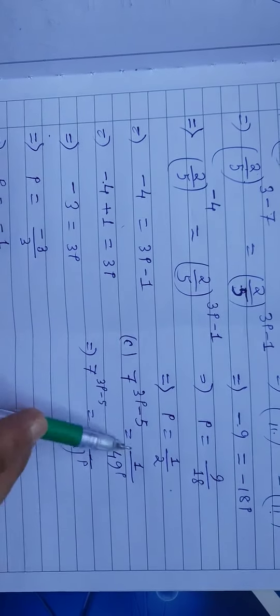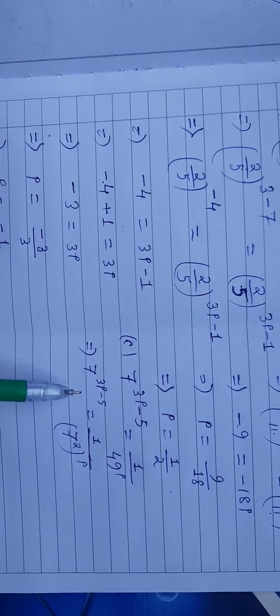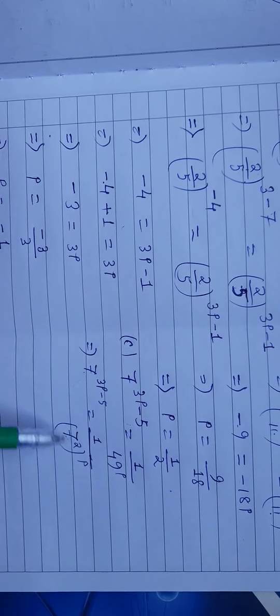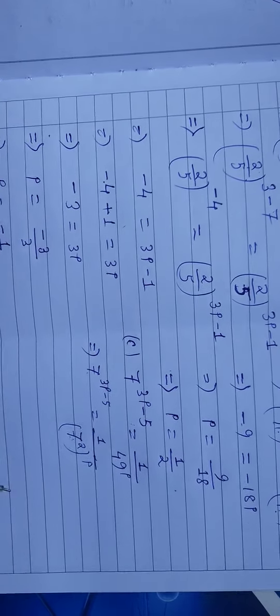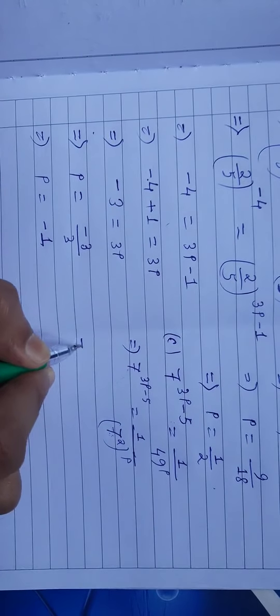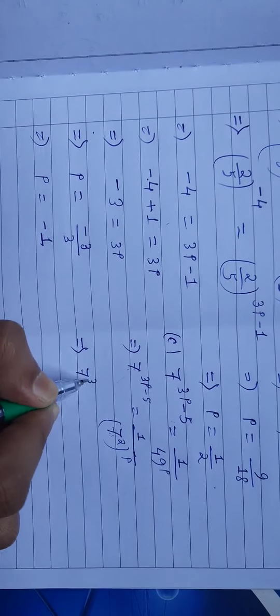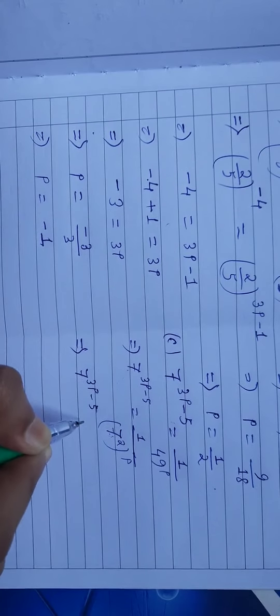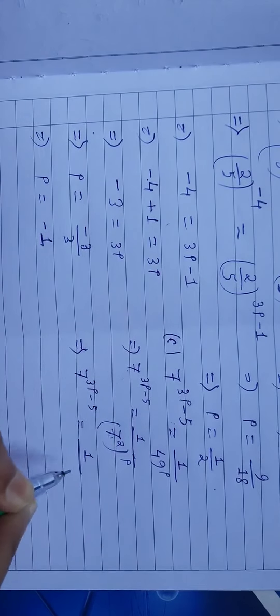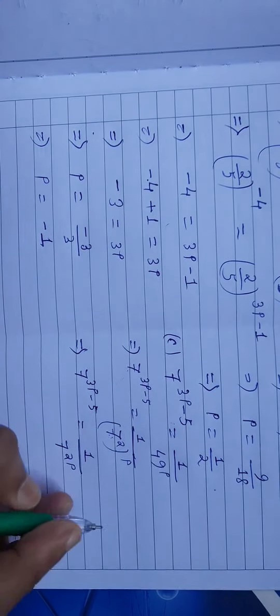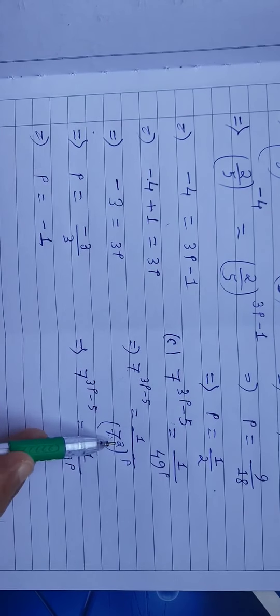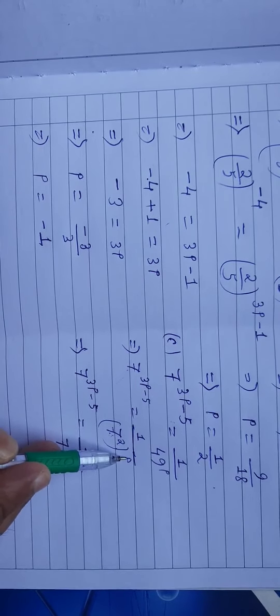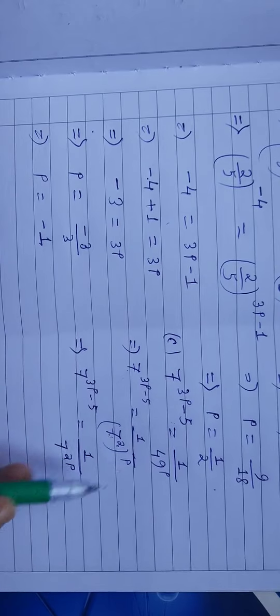Now since I have to make the bases equal here, 49 can be written as 7 squared, which implies 7 to the power 3p minus 5 equals 1 by 7 to the power 2p, since (a to the power m) to the power n equals a to the power m into n, which we have seen.